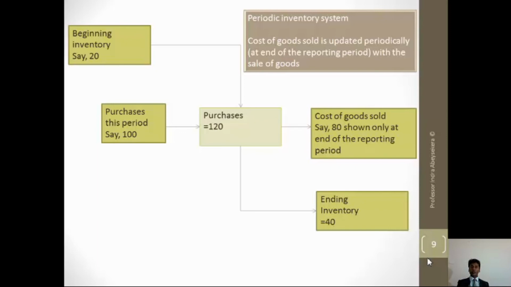Under the perpetual system, every time the goods are being sold, inventory is decreased and cost of goods sold increase. But under the periodic system, that does not happen until end of the period. Only at the end of the period, purchases are decreased and cost of goods sold are increased.